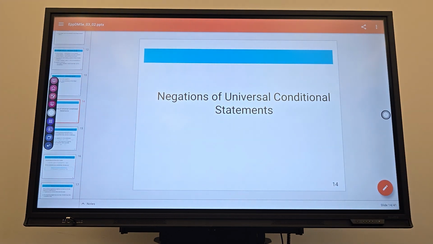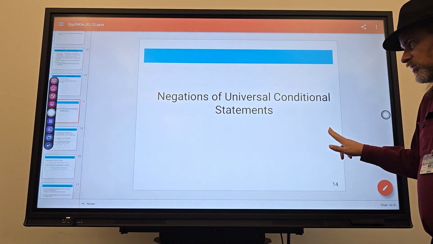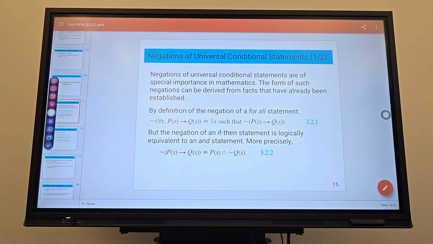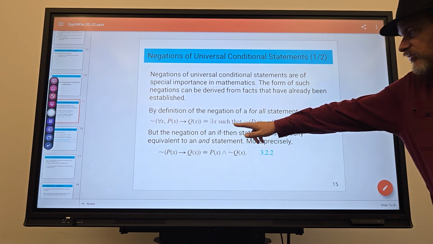Negation of universal conditional statements. Now, negations of universal conditional statements are of special importance in mathematics. The form of such negations can be derived from facts that we have already established. So, by the negation of a universal quantifier, you get this.